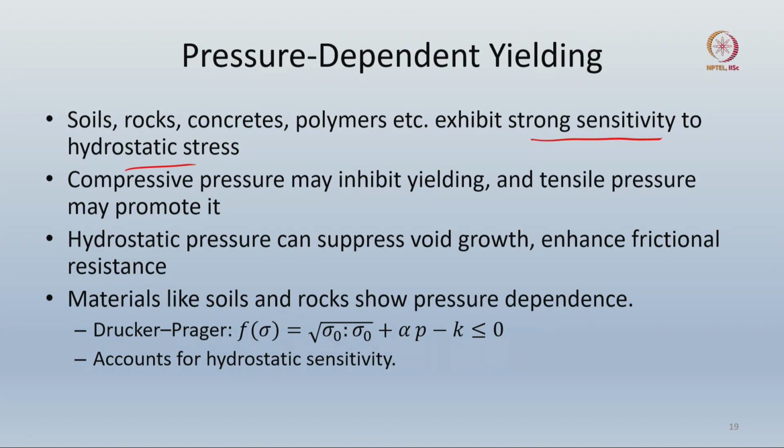Now, why is it actually needed? From a purely physical perspective, you may come to the conclusion just by thinking that if there is a large compressive pressure, it may inhibit yielding, because it may close the voids.